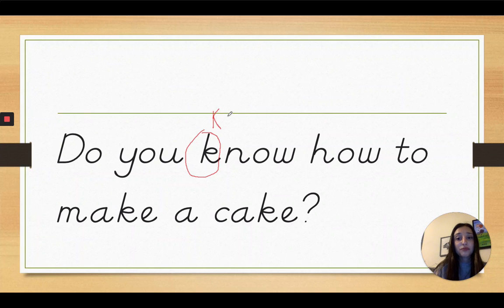So remember that when we practice sight words at school, this sight word right here sounds like we're saying no, like no, you can't do that. But this is like, I know how to do something. Or like our sentence is asking, do you know how to make a cake?